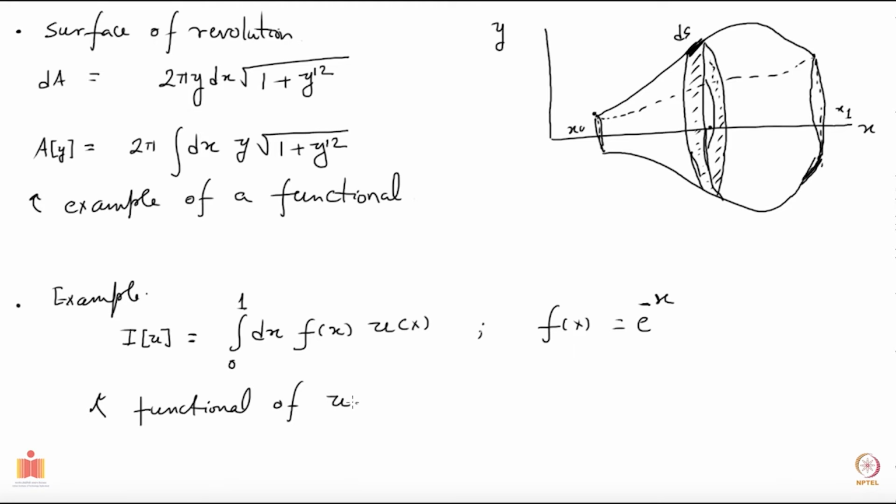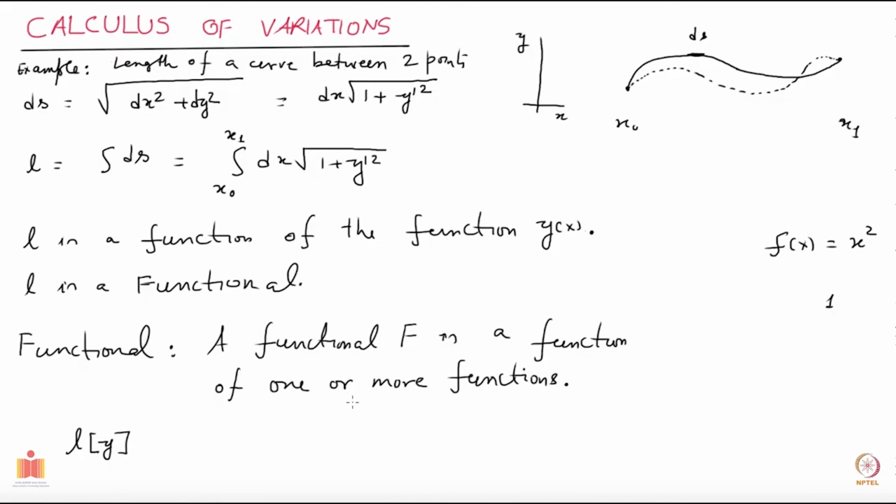Now it will happen that we will be interested in the maxima or minima of functionals. For example, you could be interested in asking what curve will give you the minimum surface area of revolution, or, given these two points x0 and x1, what curve gives you the minimum length.